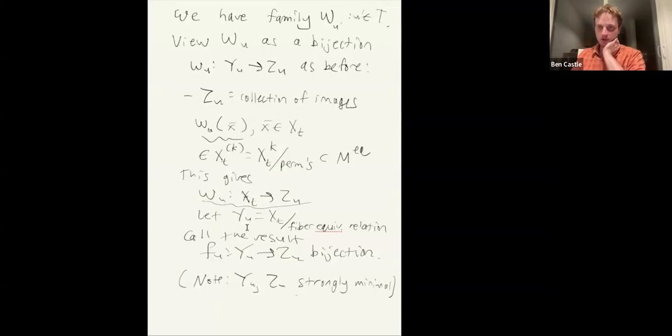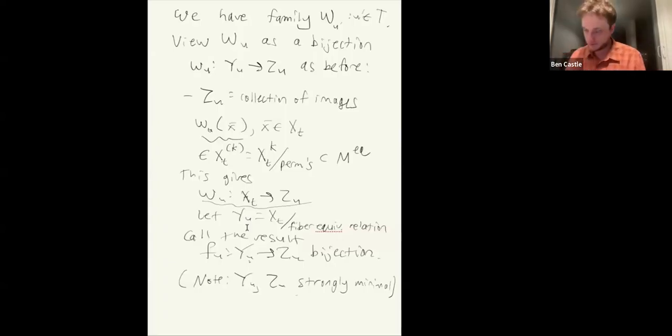An image of a strongly minimal set under a function, as long as it's infinite, is still strongly minimal. That you can check, because if the image split into two pieces, then the pre-images of the two pieces would split the domain. And so images of strongly minimal sets are still strongly minimal. And then YU is in bijection with ZU, so it's still strongly minimal as well.